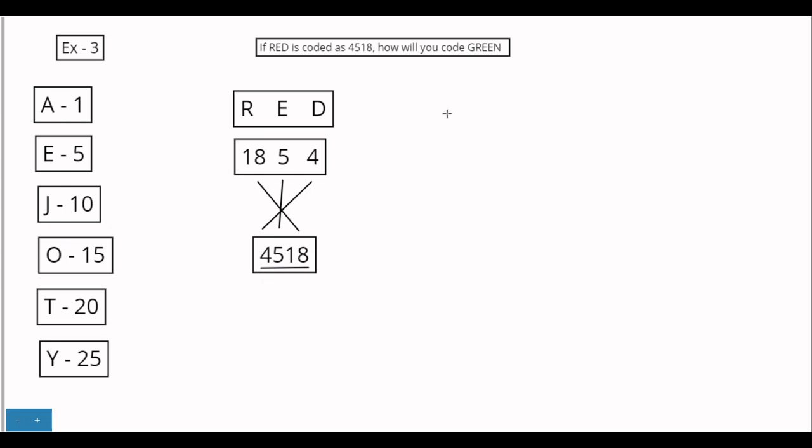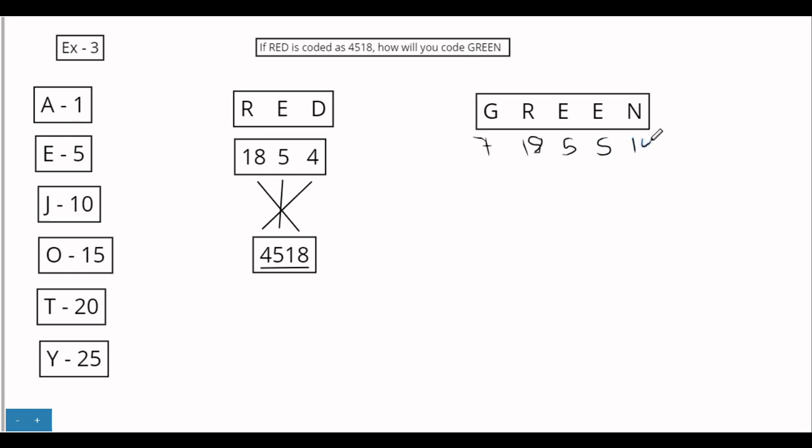Now that we found the relation, let's do it for green as well. The code for green will be 7, 18, 5, 5, and 14.